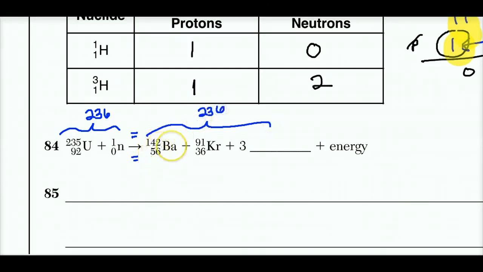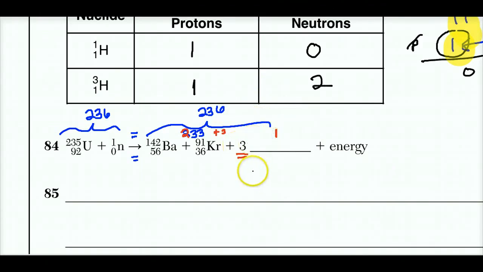All right, so 142 and 91, you add them together, 142 plus 91, you get 233. We're at 233, so we need 3 more. Right? This being 233, we need 3 more to make this 236. Since there's a 3 in front, each one is going to have a 1.